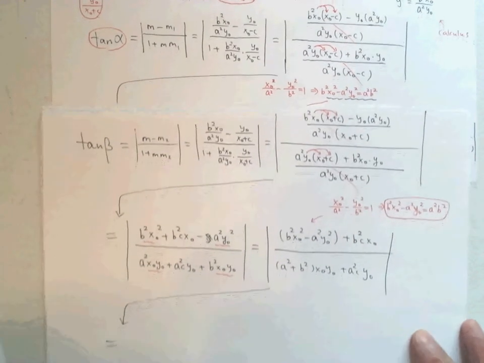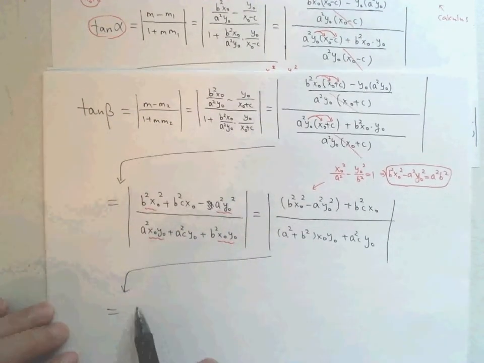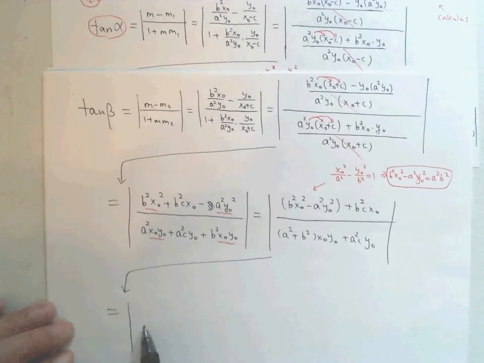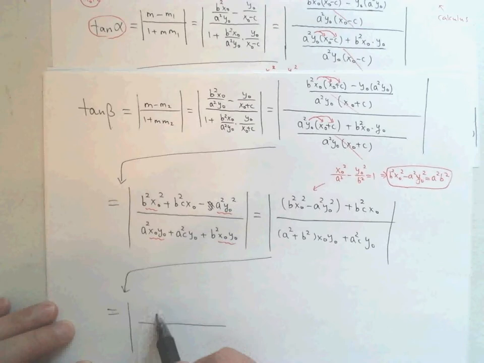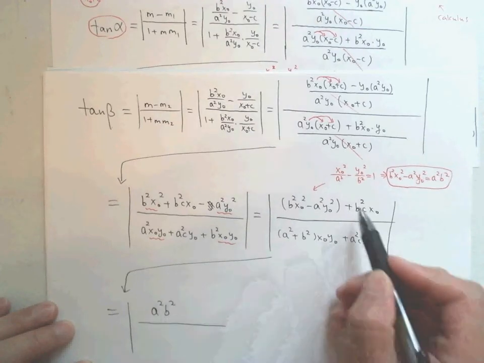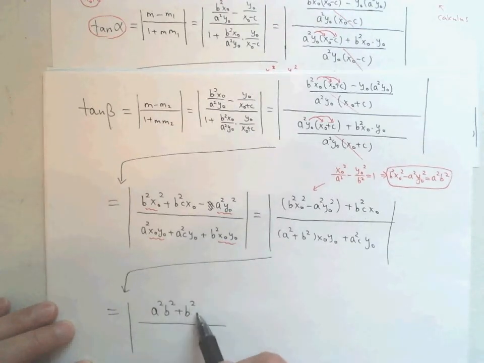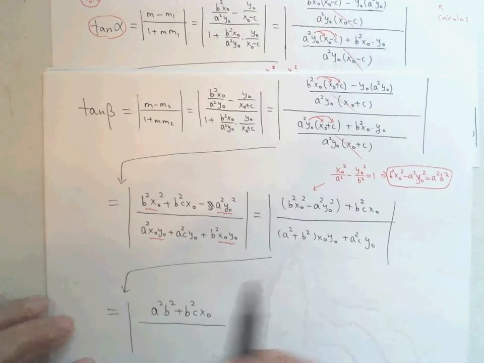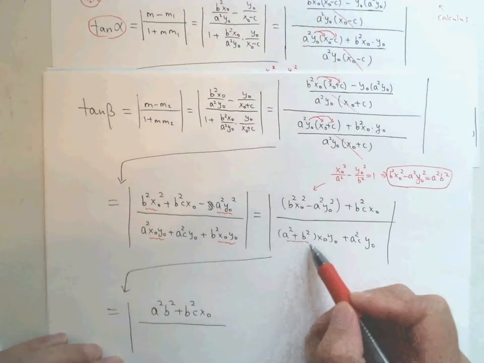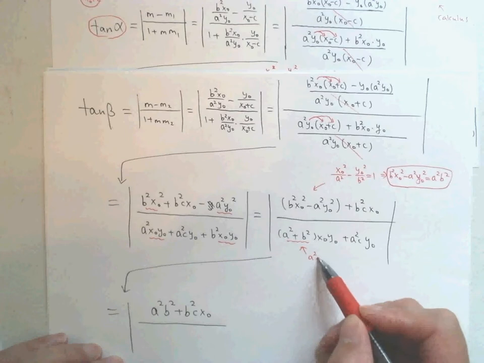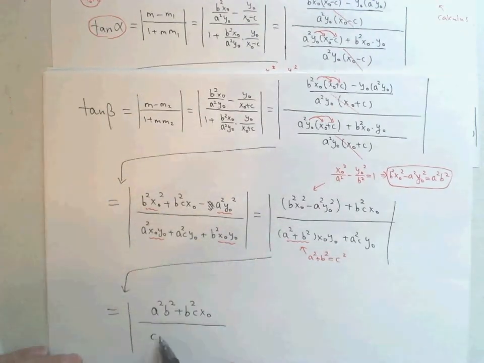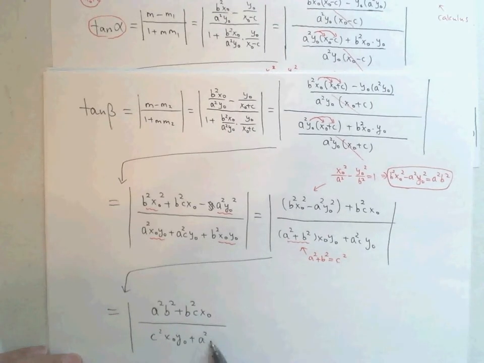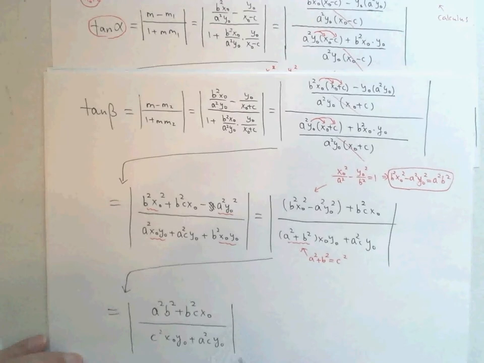Now the top goes to a square b square plus b square c x0. The bottom, as we showed before, a square plus b square equals c square, so we have c square x0 y0 plus a square c y0.